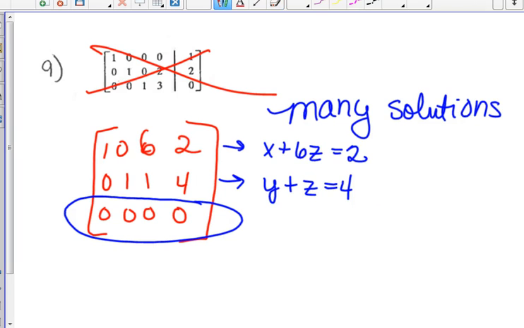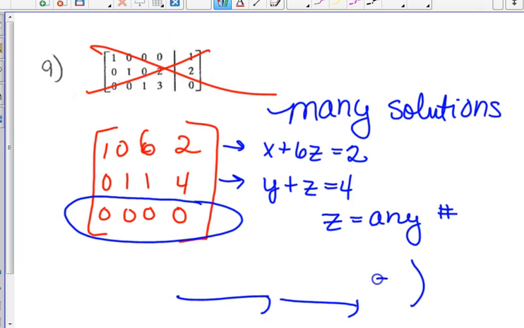We're going to write z equals any number. Then we're going to have a little triplet here where z can be anything, and we have to put something in for x and something in for y that only has z's.